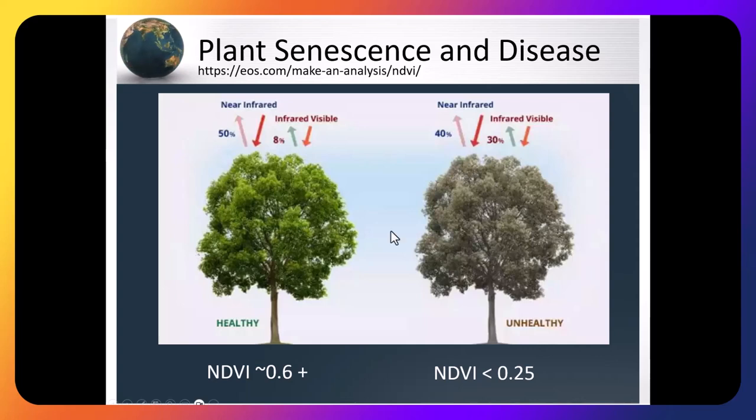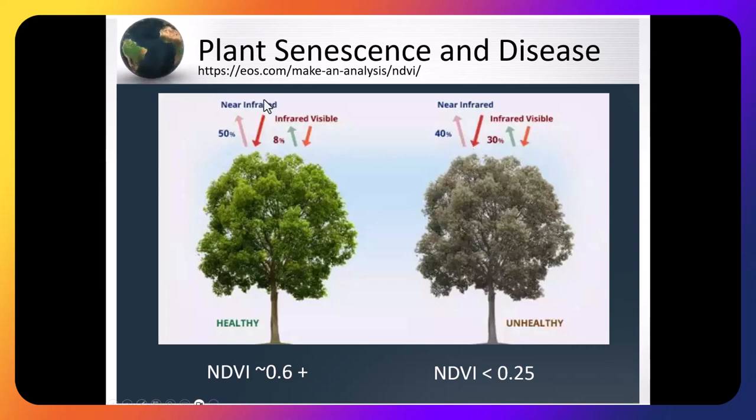So this is where the NDVI is high, 0.6 and up. We have this pattern of reflection and absorption. Where the NDVI is lower, these values are closer to each other. There's less reflection of near infrared off the tree here.